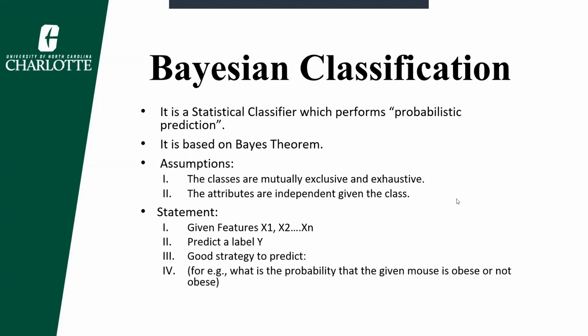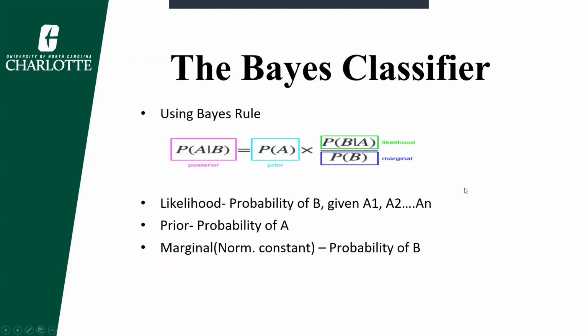Coming to the next slide, it is the Bayes classifier. You know the Bayes rule, right? Bayes rule provides us a way to update our belief based on the arrival of new or relevant pieces of evidence. For example, if you are trying to provide the probability that a given person has cancer, we would initially just say it is whatever percent of the population has cancer.